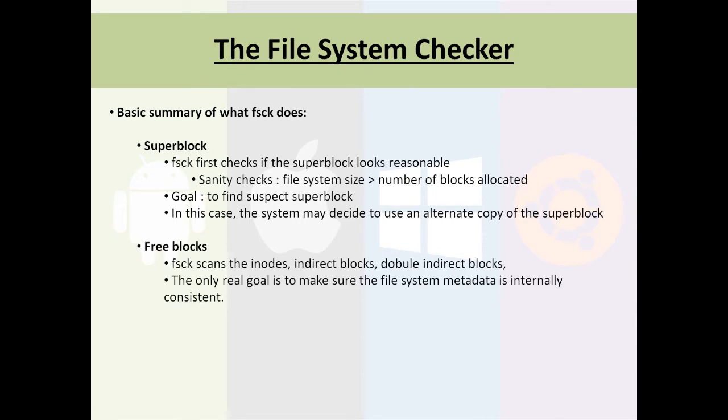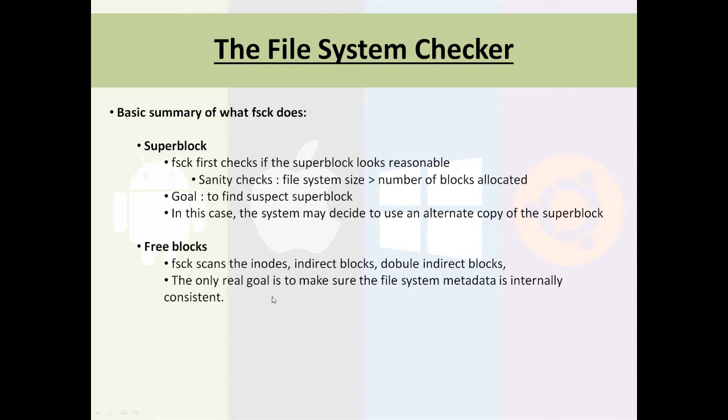The next thing that our file system checker does is scan our inodes, our indirect blocks, and our double indirect blocks, to build an understanding of which blocks are currently allocated within the file system. It uses this knowledge to produce a correct version of the allocation bitmaps. Thus, if there are any inconsistencies between the bitmaps and the inodes, it is resolved by trusting the information within the inodes.